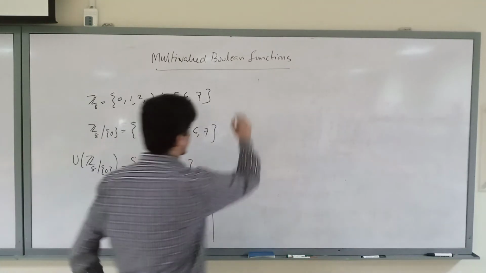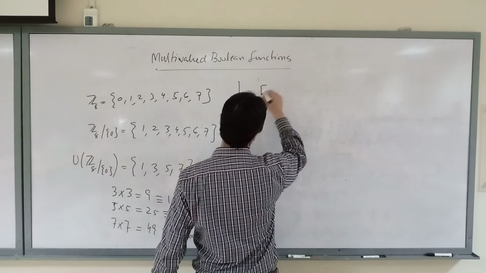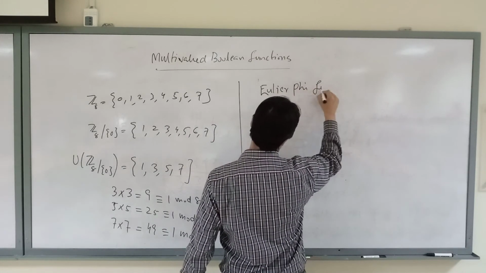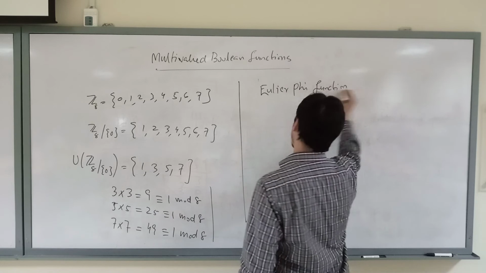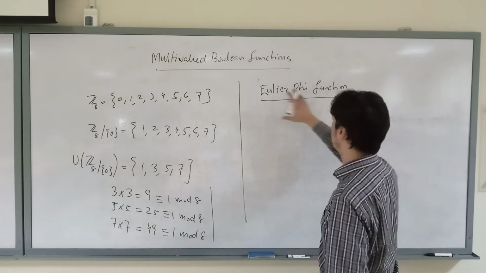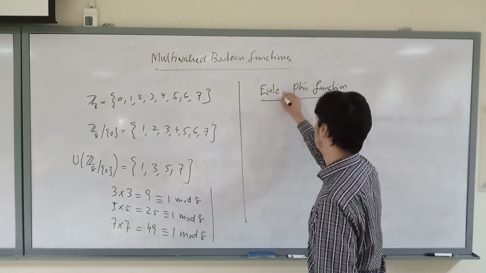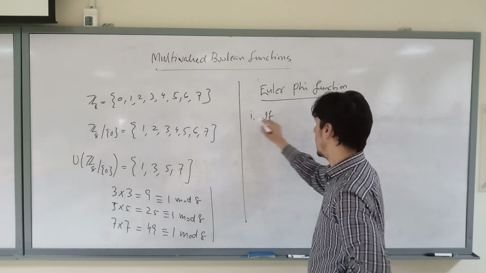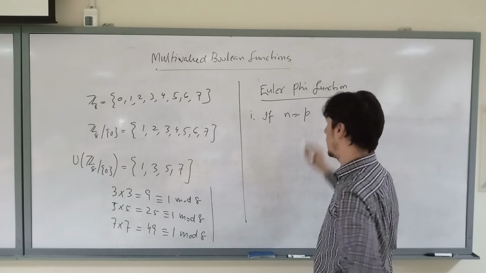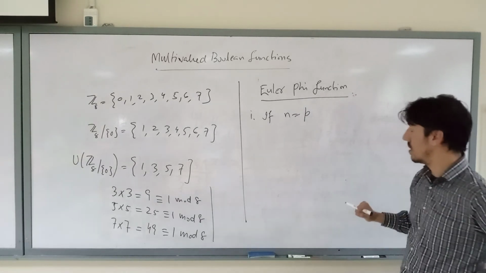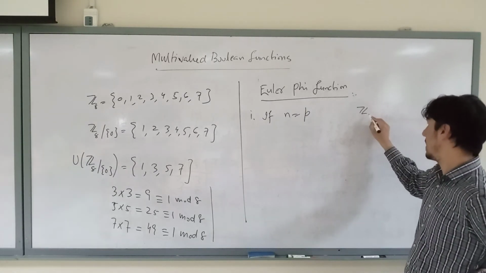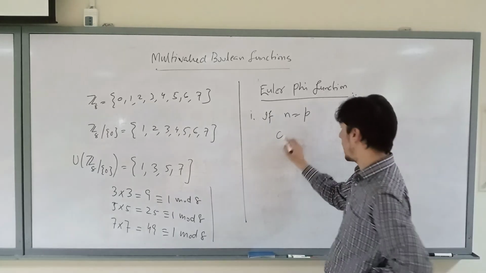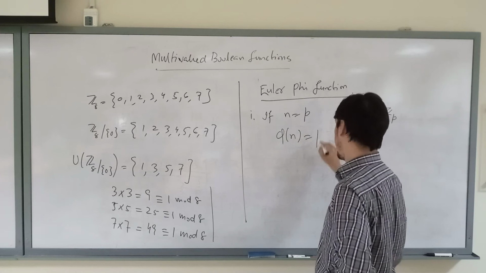If I draw this, the Euler phi function: if n is p, I mean to say your modulo class is Z_p, in that case phi of n is p minus 1.